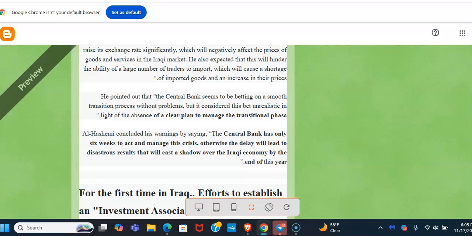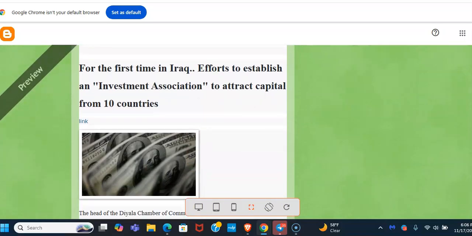But he considered this bet unrealistic in light of the absence of a clear plan to manage the transitional phase. So see, that's why I said it seems he wants more details, but he's not going to get them. Hashimi concluded his warnings by saying the central bank has only 6 weeks to act and manage this crisis. Otherwise, the delay will lead to disastrous results that will cast a shadow over the Iraqi economy by the end of this year. So see, they're expecting some big things.